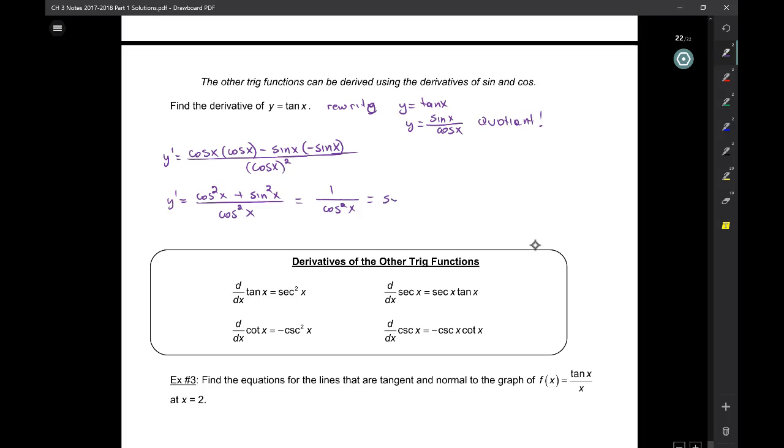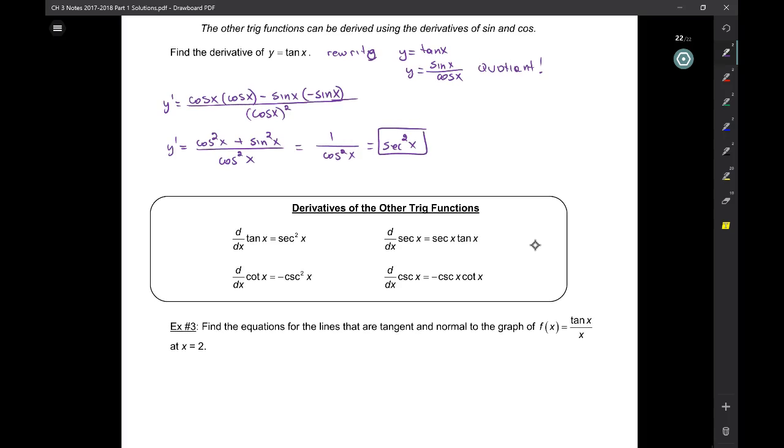So this is secant squared x. How did I know that it was secant? 1 over cosine is secant. That's just how they're defined. So therefore, d/dx of tangent x is secant squared x.